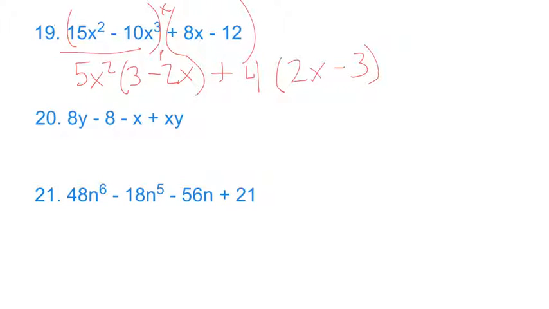12 divided by 4 is going to give me a 3. Now, notice how this and this have the same 2x here, the same 3, but we have a different sign in the middle. There's a minus 3 and a negative minus 2x. To do this, I'm going to have to factor out a negative from one of these.